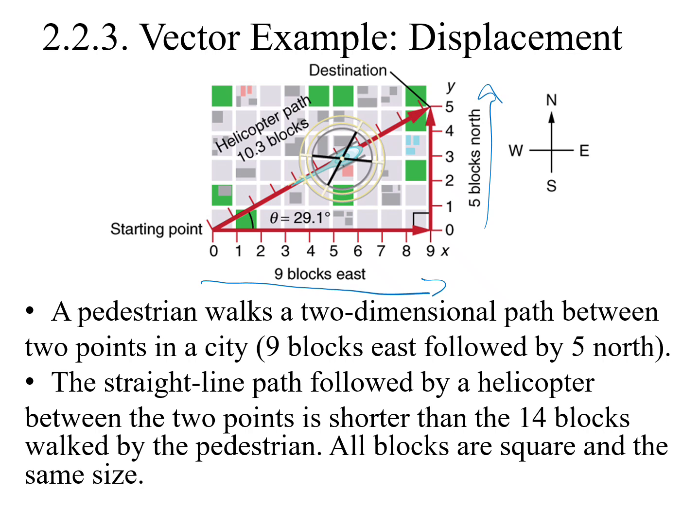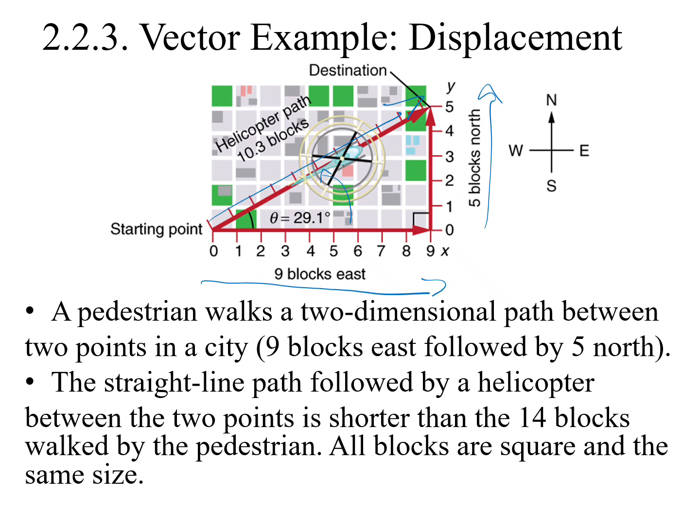But if you think about the displacement, that is the direct distance from the starting point to destination. So that is about 10.3 blocks. And also the angle of this displacement vector to the positive x-axis is 29.1 degrees. So the displacement depends only on the starting point and the ending point.